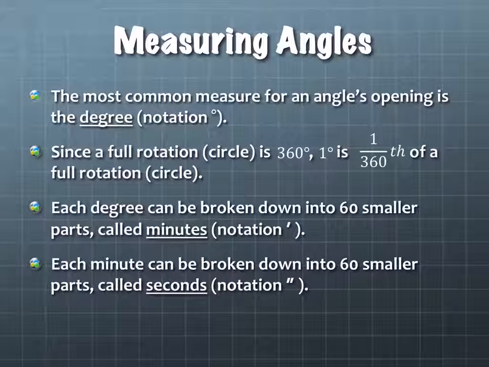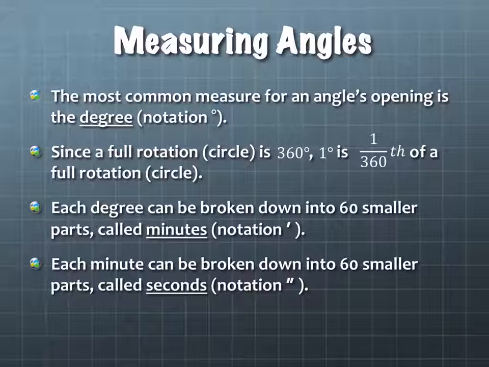And that looks kind of like an accent mark or almost like an apostrophe, but straight. Okay? And then each minute can be broken down into 60 smaller parts called seconds, and you get the double mark.